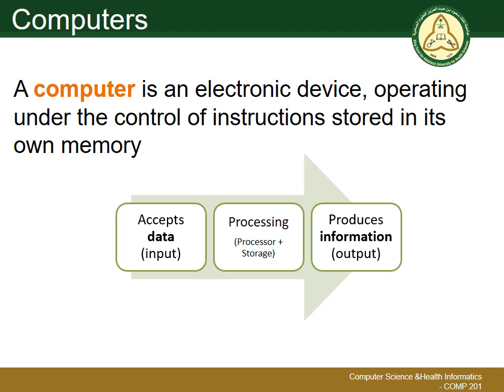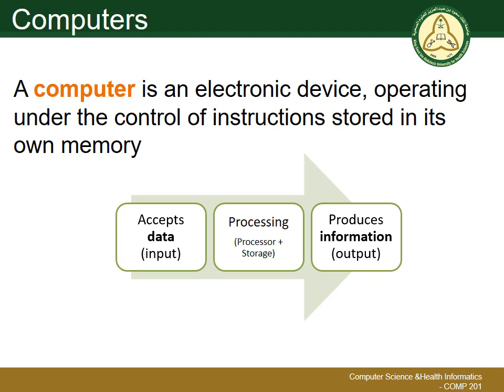The computer will perform some analysis, or we call it processing. Then from this processing, the computer will produce information, output. So we have data as input and we have information as output. When we process the data, we will have information.